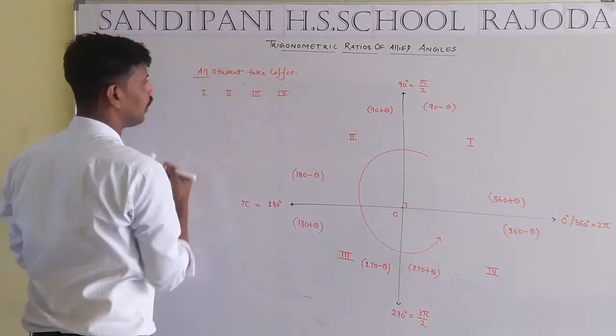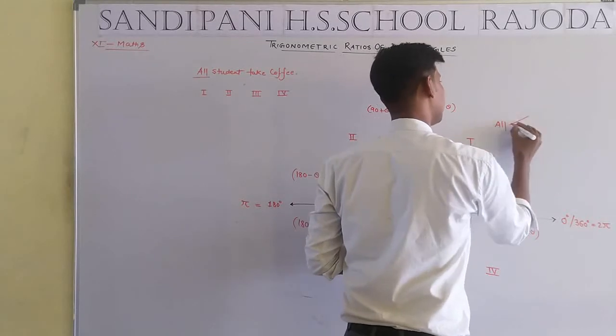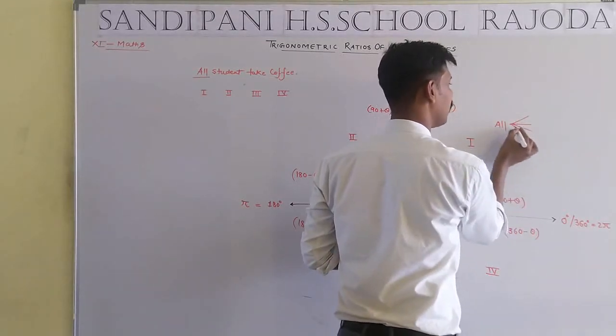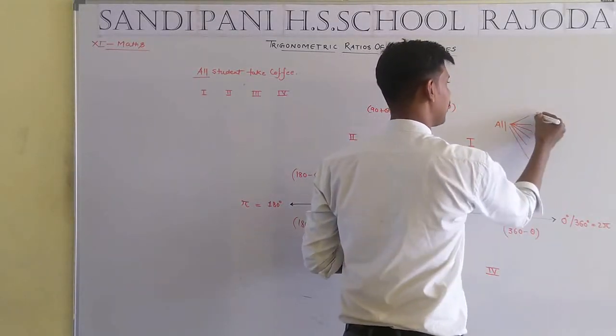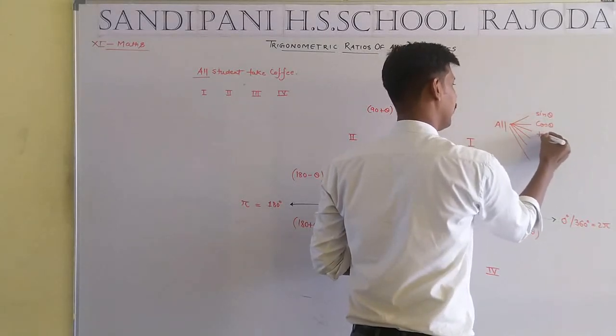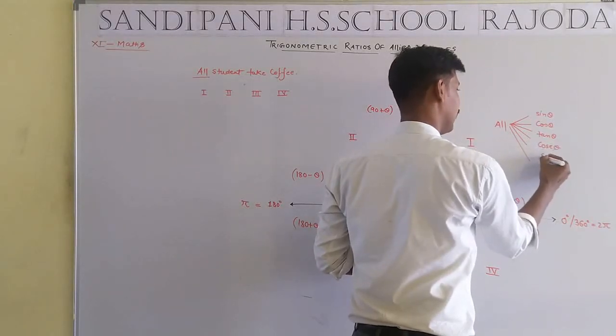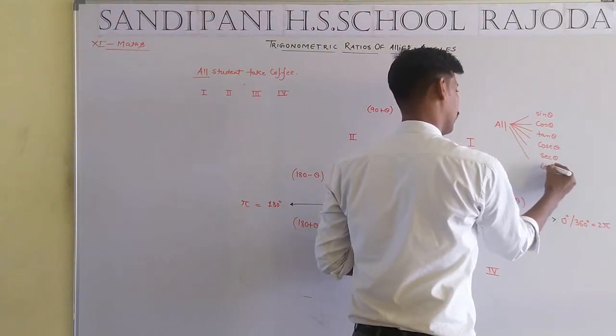What is the meaning of All? That means sin, cos, tan, cosec, sec, cot. Sin theta, cos theta, tan theta, cosec theta, sec theta and cot theta.